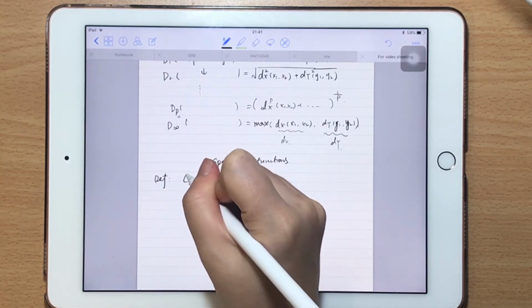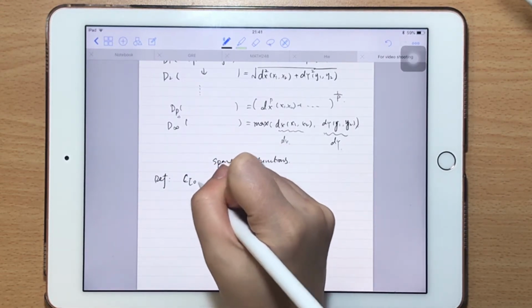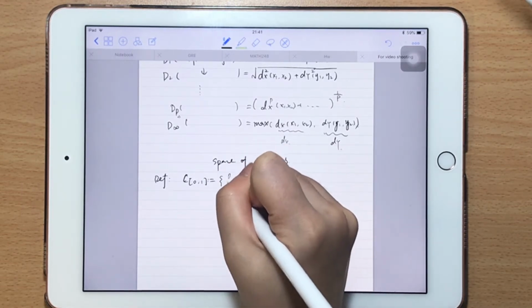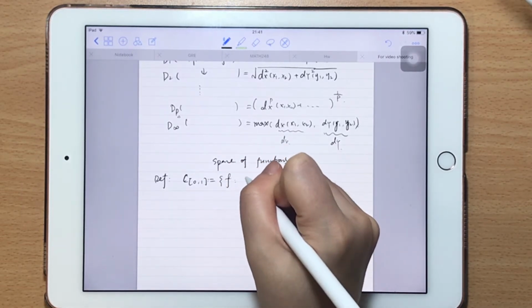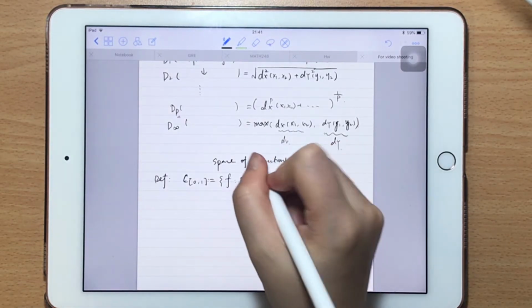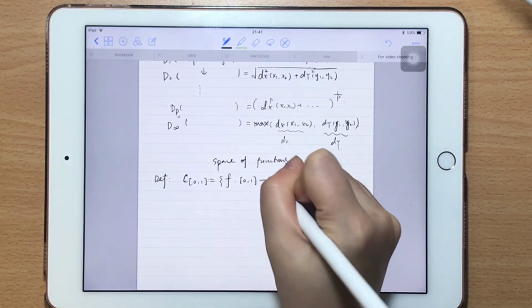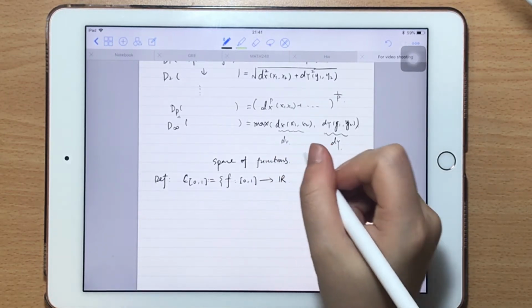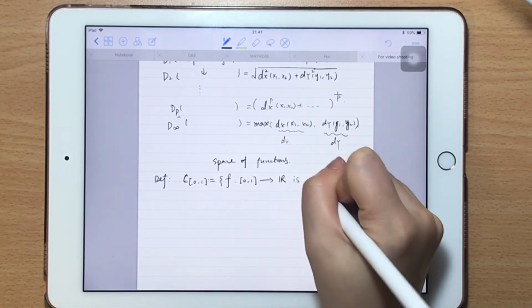this symbol, say C[0,1], is defined to be the collection of functions defined on [0,1] to the real numbers, and all these functions are continuous.